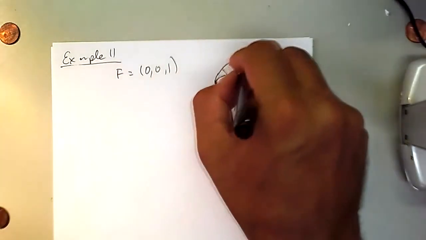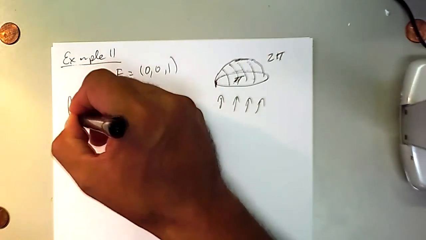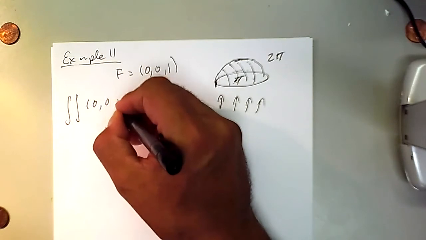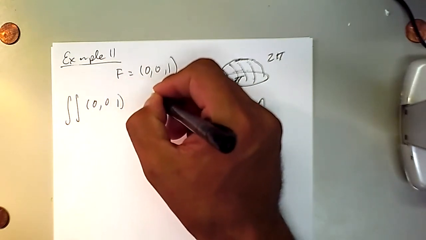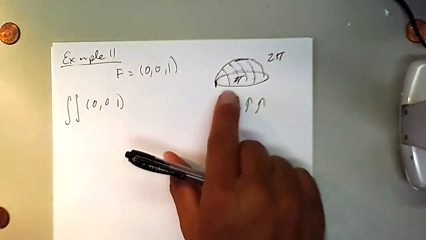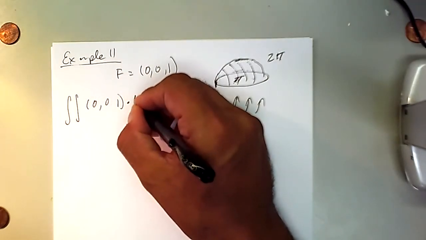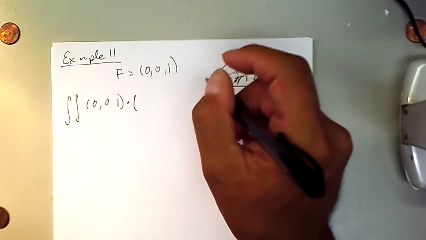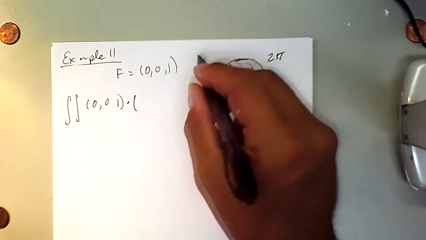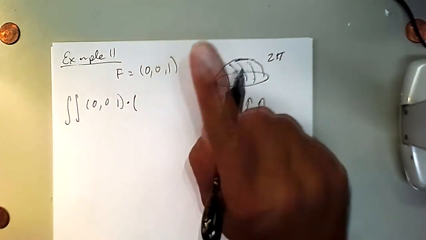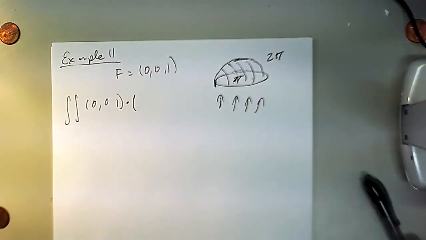We need to parameterize, well, let's see, double integral of 0, 0, 1 over S, dotted with r sub u crossed with r sub v, without taking the magnitude of that.